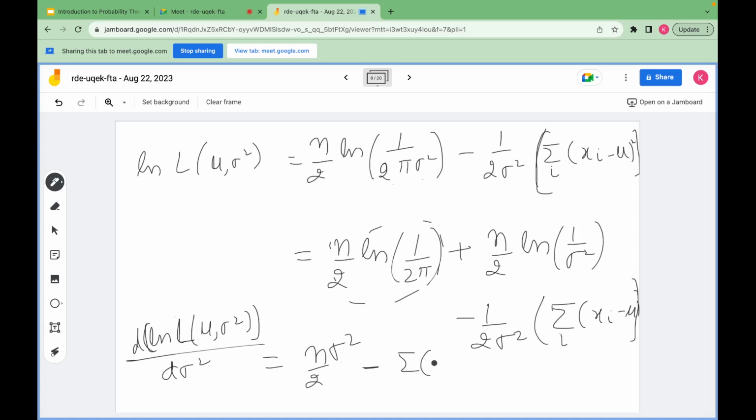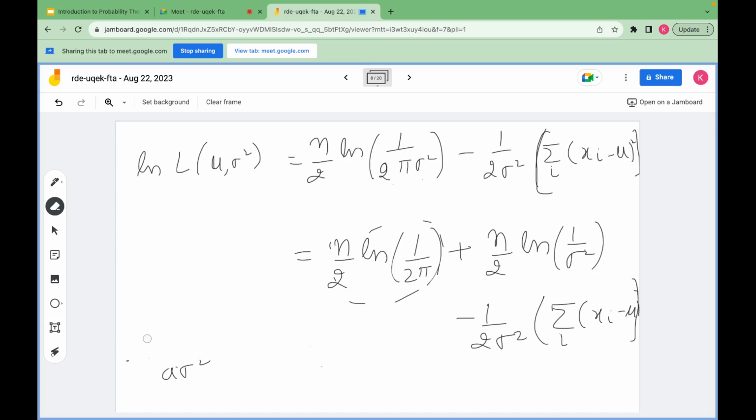Now we have to make it back to sigma square, or y. In terms of y, we have to write it. I will just write it on the next page.